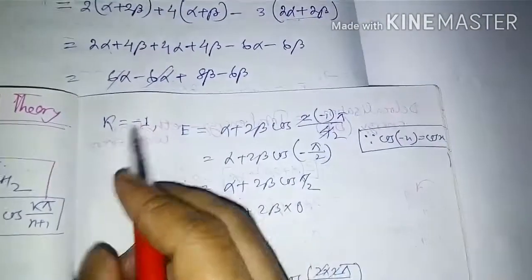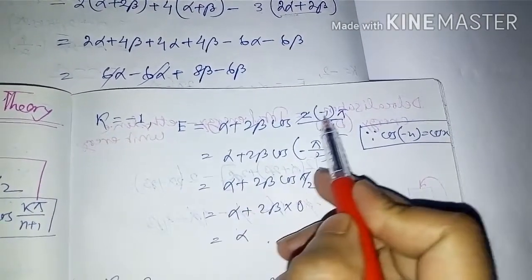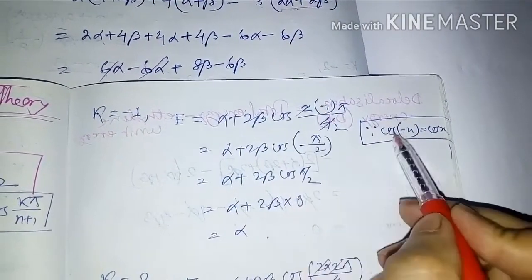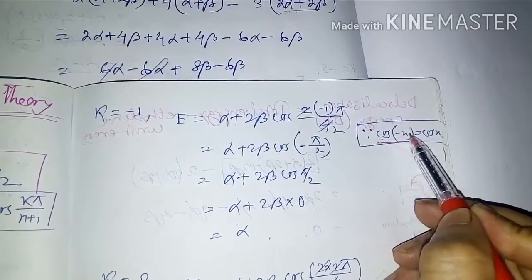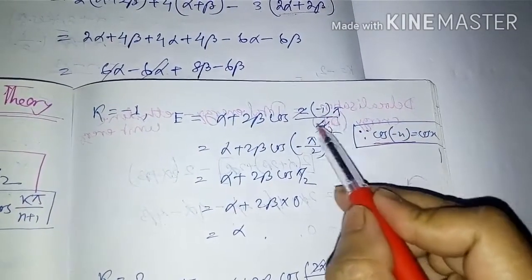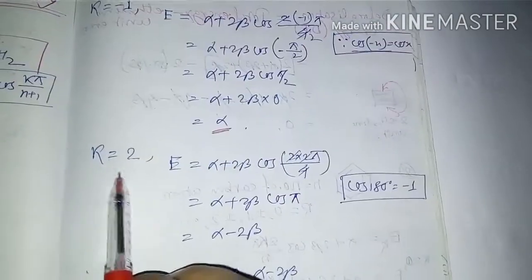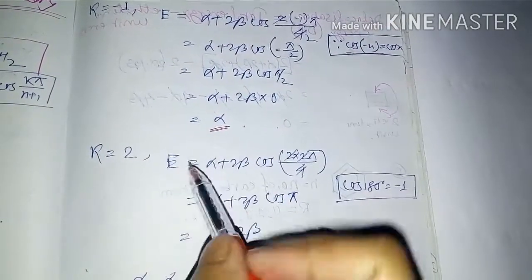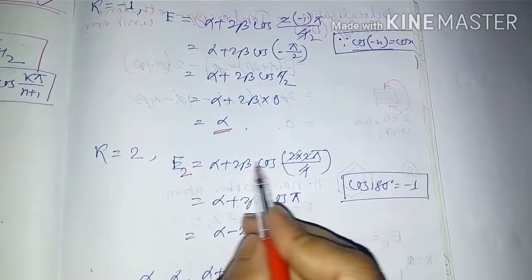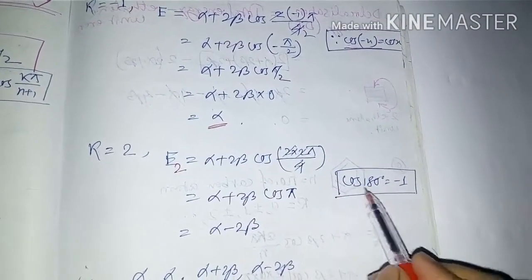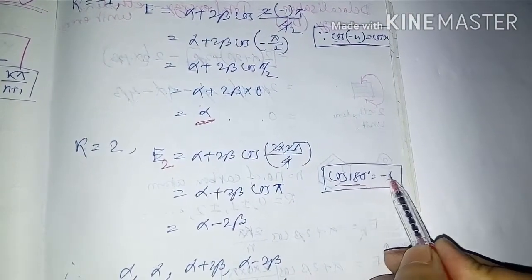Now if minus K, then this part. You know cos minus x equals cos x, this formula has to be applied here. Then this one is alpha. Now K equals 2, then you will get cos 180 equals -1, you know this.